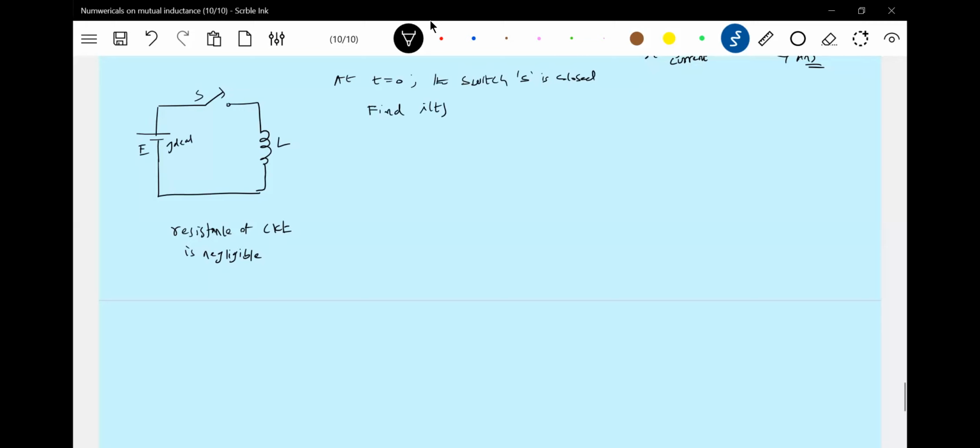What to do now? If there were any resistor, we would have written that equation very easily. But look here. Let's write the loop equation. We'll see where we end up. Minus L di by dt at an instant of time.